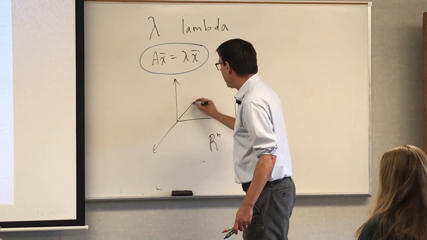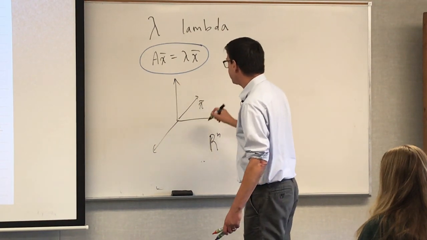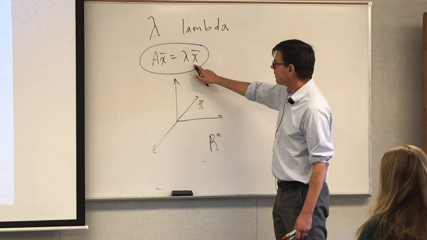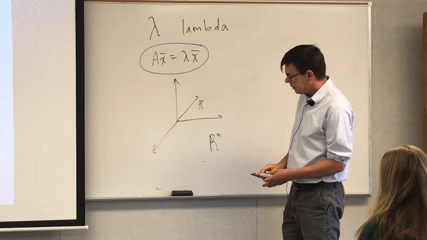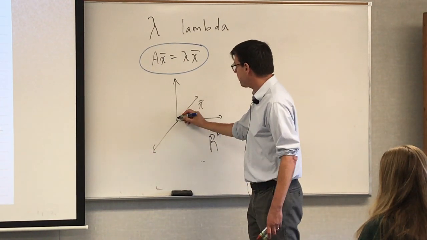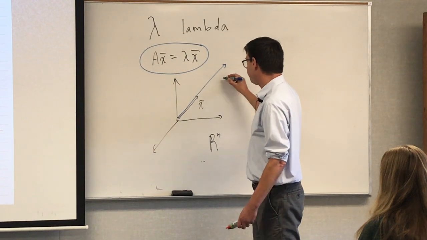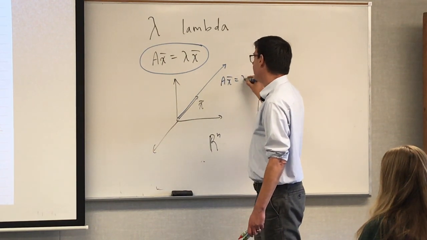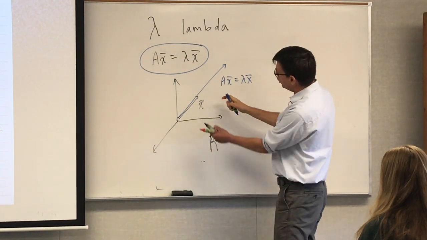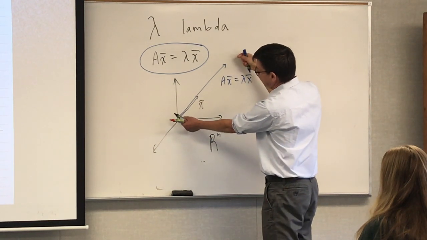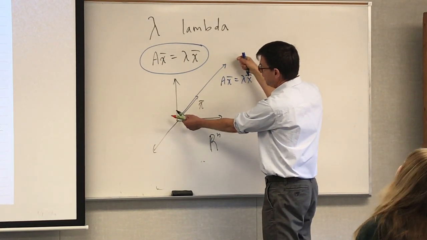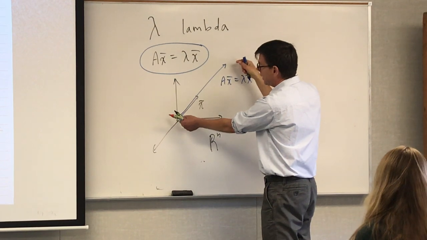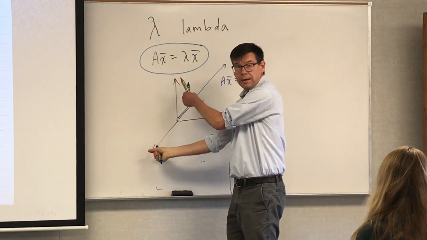where we're starting out with some vector x. If Ax is lambda times x, that's saying that the image of x is some scalar multiple of x. And so geometrically, we're either just stretching that vector out along the same line that it's on, or we're possibly pointing in the opposite direction.